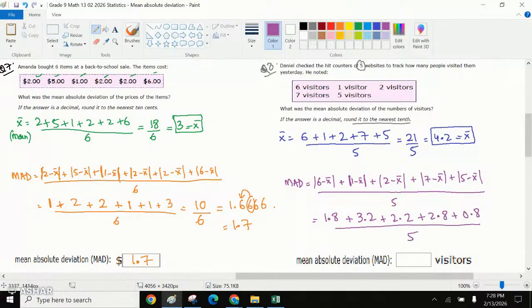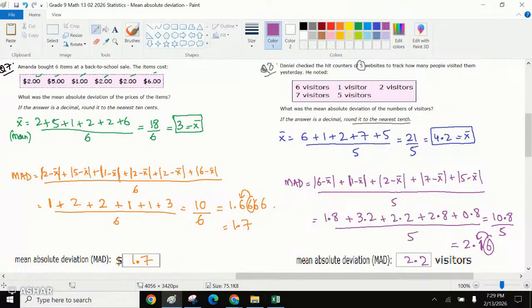So when we add the numbers, 1.8 plus 3.2 is 5, plus 2.2 is 7.2, plus 2.8 is 10, then plus 0.8 is 10.8, divided by 5, and it comes out to be 2.16, which we round to 2.2. That means 2.2 visitors is the mean absolute deviation for these 5 websites.